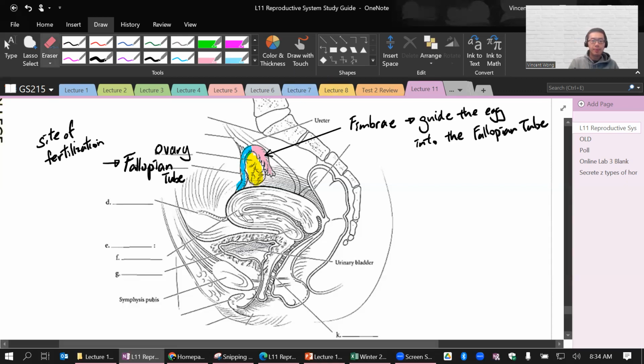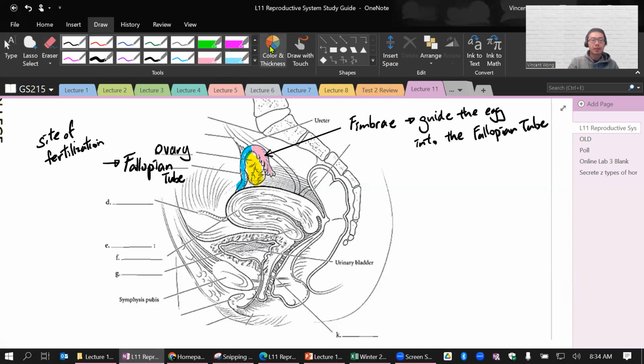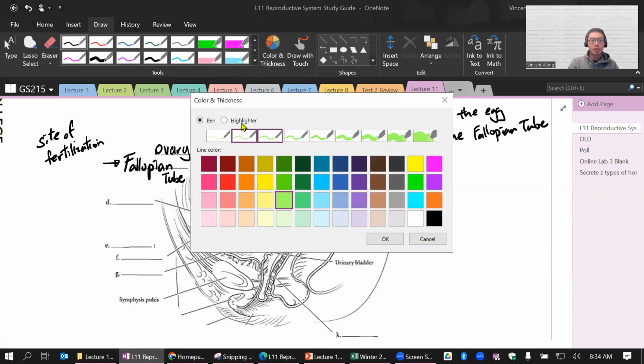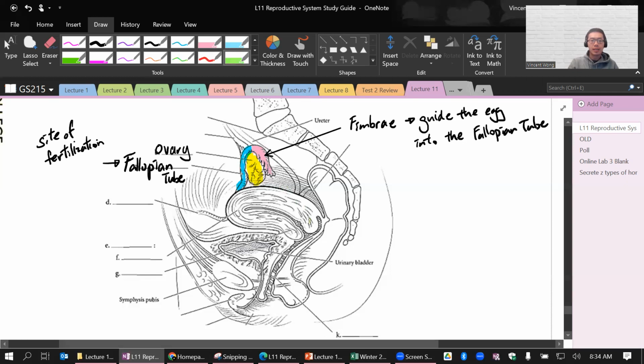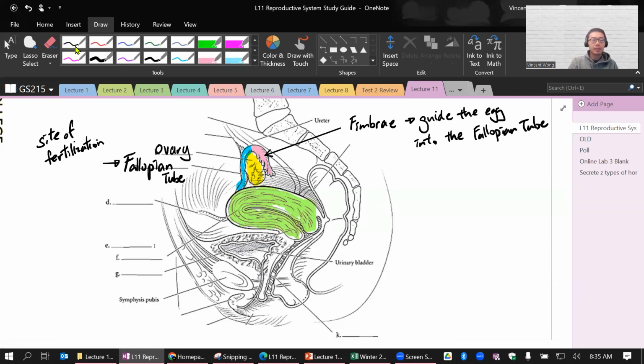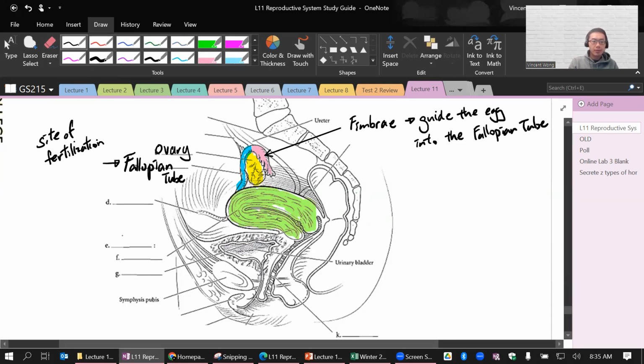So there's a big structure here that I'm sure you know is the uterus. That's where the baby grows. So that's the E right here.